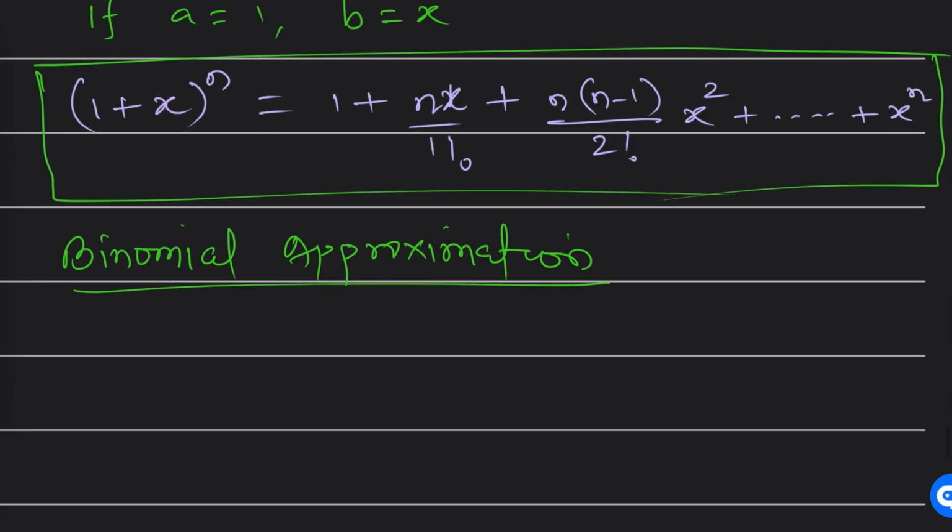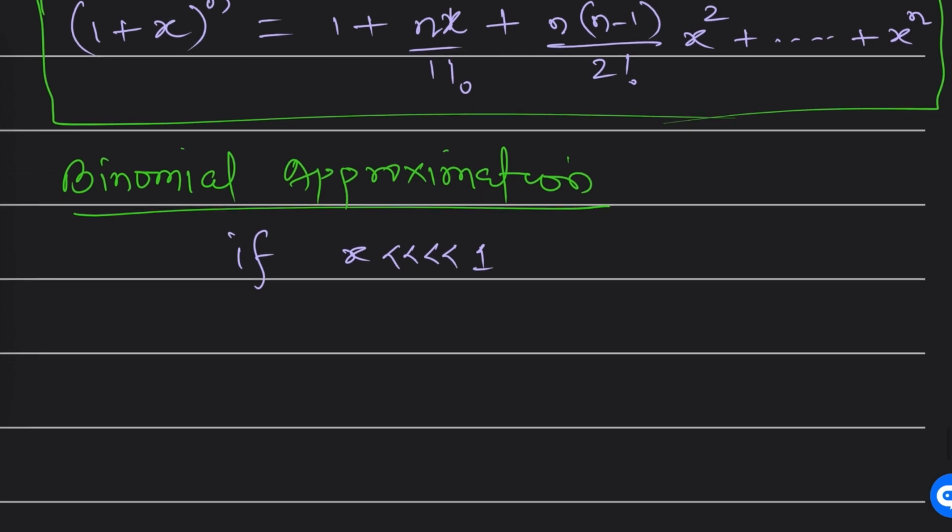Binomial approximation: can we say if x is very much less than 1, like 0.0001, 0.002, like this. If the number is less than 1, let me explain one thing. Let me write the above equation.